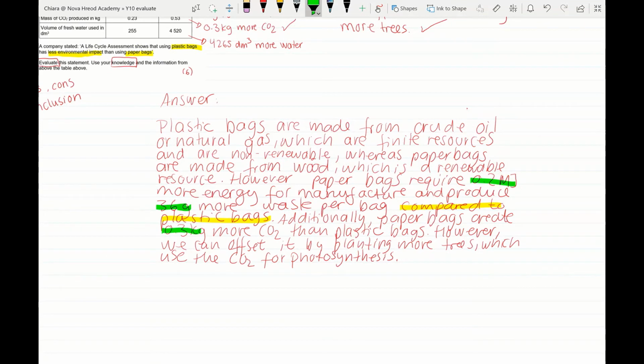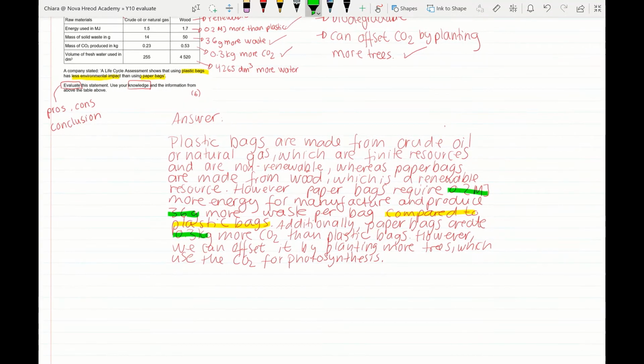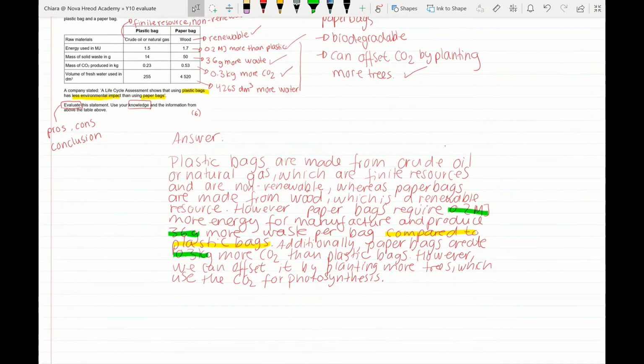Okay, so this is the main part of our answer, but because again it's an evaluate question, we need to come to a conclusion. And with this question, actually it doesn't really matter what you say as long as it is backed up by what you've written. So if you think that plastic bags are better, then you can say that you agree with the statement because, for example, non-renewability is less important than all of these other factors shown in the table.